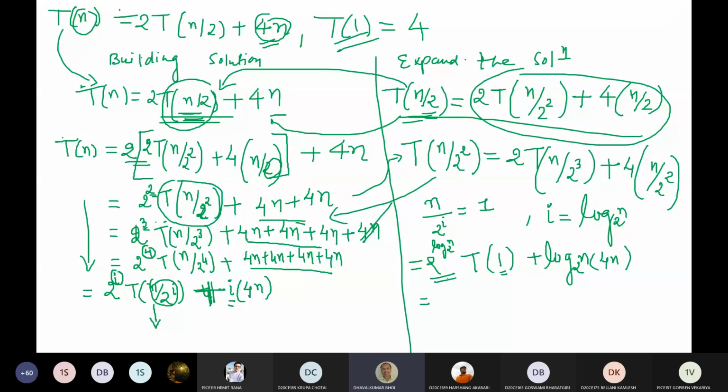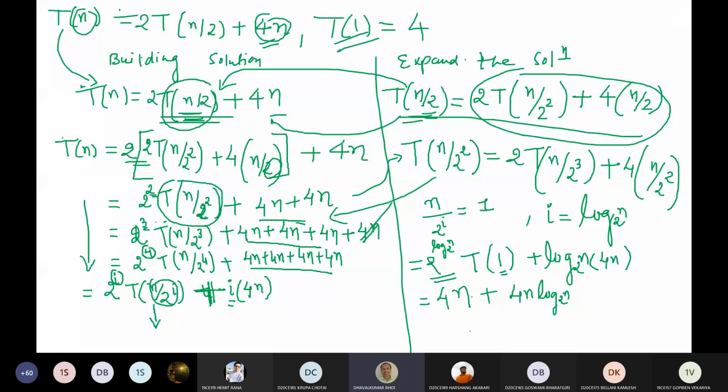Can anyone tell me? It is going to be equal to n. And what is the value of t of 1? 4. So can we write it like this? 4n plus 4n log n base 2.